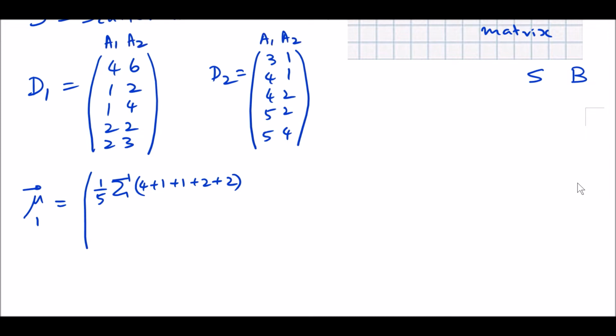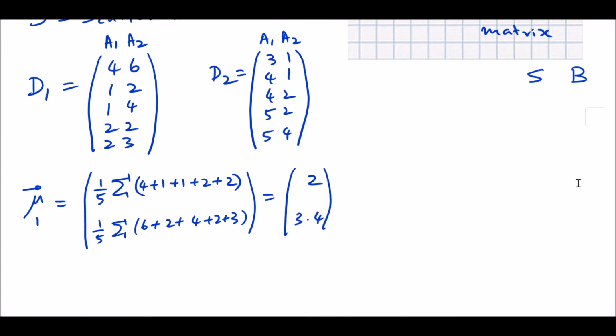Therefore, we have two elements in this vector, and for the second, 1 over 5 sigma 6, 2, 4, 2 plus 3, 6 plus 2 plus 4 plus 2 plus 3. These are the two elements in this mean vector. When you simplify, you get 2, 3.4 for this mu1.